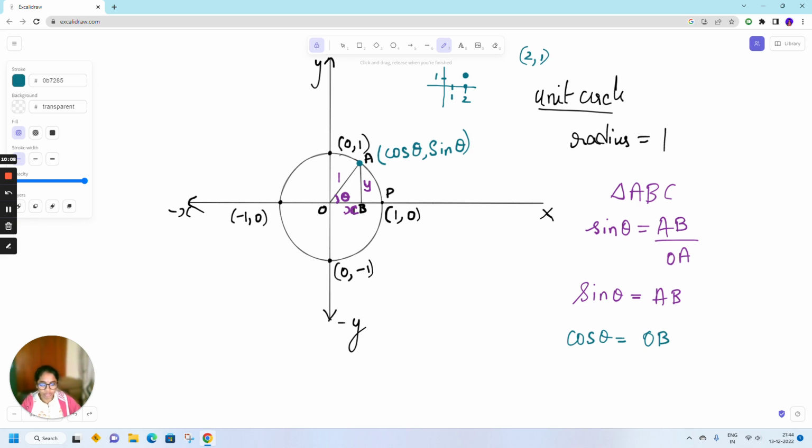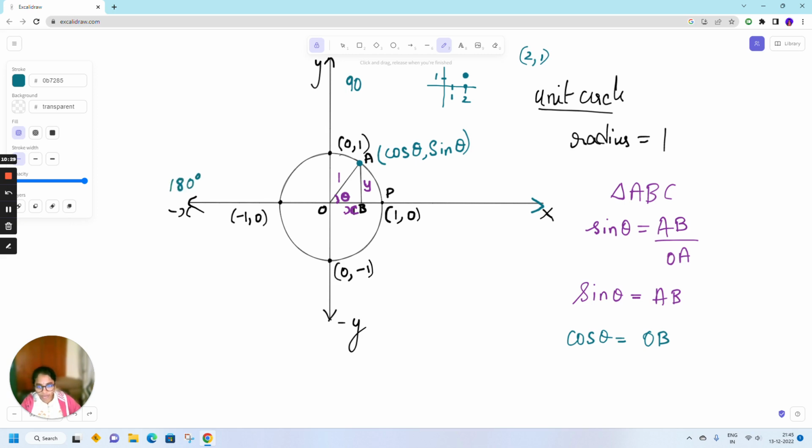Now, as you all know, if I take a protractor, this is 0 degree. If we move further, this would be 90 degree. Further, this would be 180 degree.